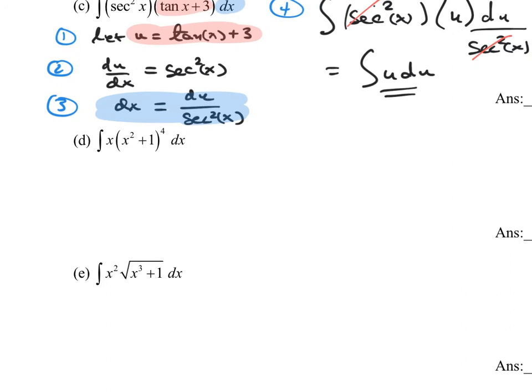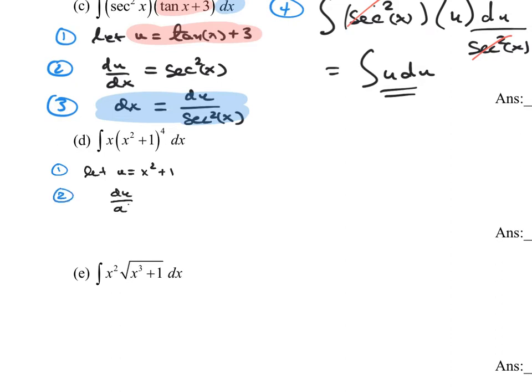So let's look at d here now. D says the integral of x times x squared plus 1 raised to the 4th. This one's not as easy as the other ones, because you certainly wouldn't want to FOIL this one out. It would take far too long. So let's start off with step 1 being let u equal whatever the inside is, that higher power function. In this case, again, it's x squared plus 1. Again, step 2 is find the derivative of both sides.